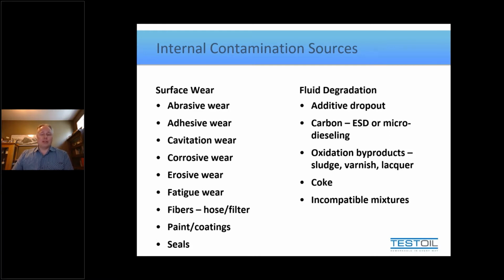Another form of particulate that's created during degradation is carbon particles. As you know, oils are generally hydrocarbon based, and sometimes through reactions we strip off all the hydrogens and we're left with the carbons. Those carbons can take on different forms. Some of it may be in a form that's kind of like a soot or candle black. It can be created through microdieseling or electrostatic spark discharge, two different phenomena that can occur either because of air contamination leading to microdieseling, or restrictions of flow can lead to electrostatic spark discharge.